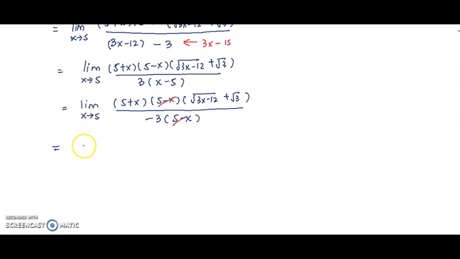Substitute the 5 inside, you have your 10 multiplied by 15 minus 12, you have your root 3. Root 3 plus root 3, you got 2 root 3 divided by negative 3. So we have your negative 20 root 3 over 3.